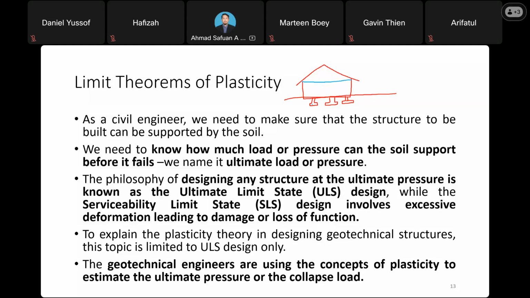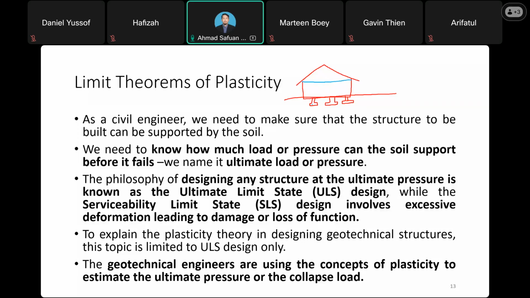When we have identified the ultimate limit state, for example, for a simple shallow foundation, we use the Meyerhof or Terzaghi equation to calculate the ultimate stress, which is q_ult. Then we divide it with the factor of safety.